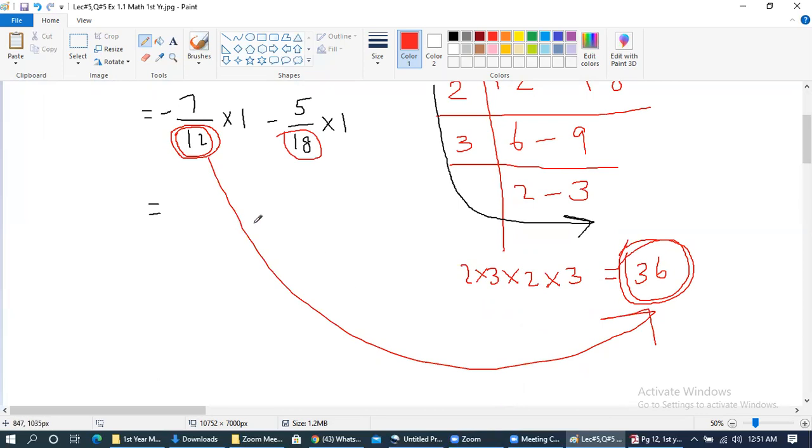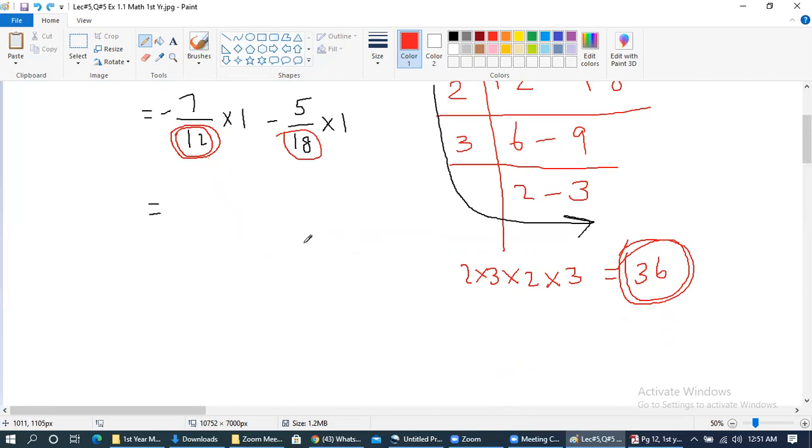Yes, the number is 3, because 12 times 3 is 36. So we have to multiply this 7 by 12 by 3.